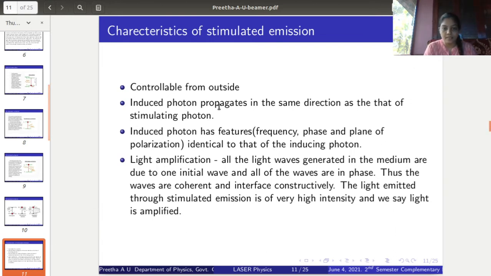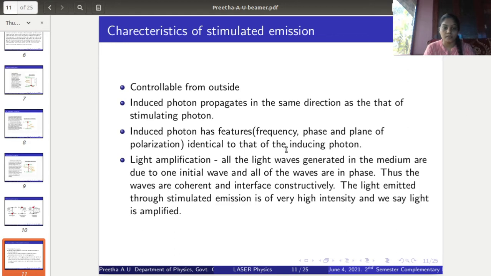The second one is that the induced photon propagates in the same direction as that of the stimulating photon. Both the induced photon and inducing photon propagate in the same direction. The third one is that the induced photon has features identical to that of the inducing photon. That is, their frequency, phase and plane of polarization are the same. So both will have the same features.